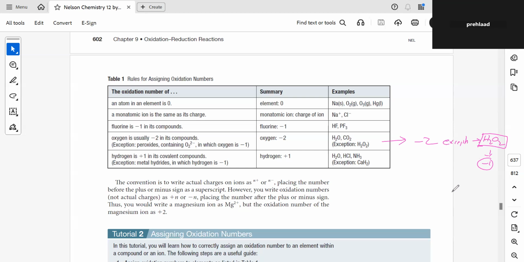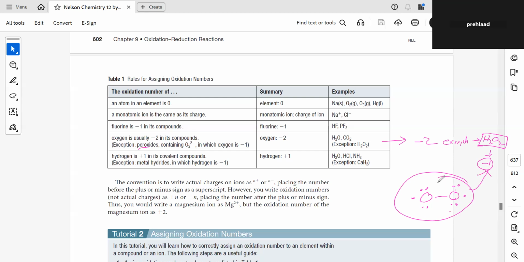H2O2 and benzoyl peroxides are also examples. Peroxides are basically oxygens combined together, connected to each other. Only in this condition, when they are peroxides, it is -1.